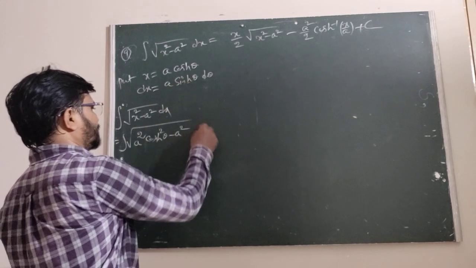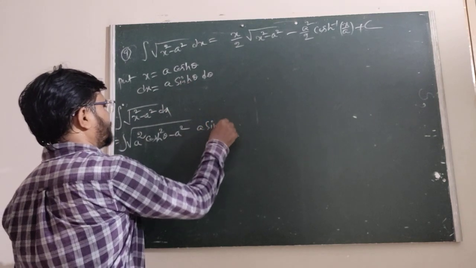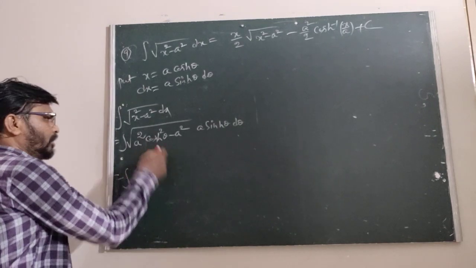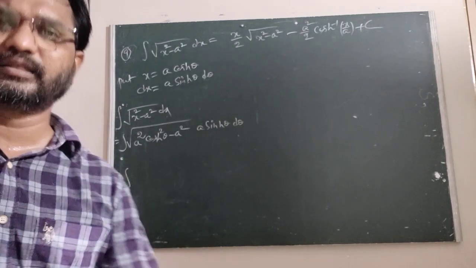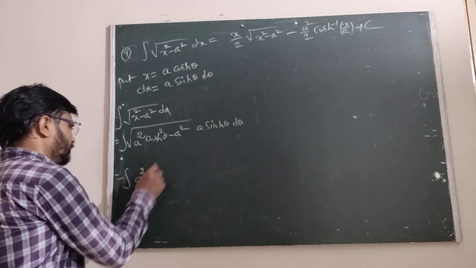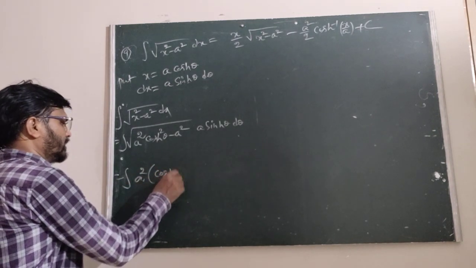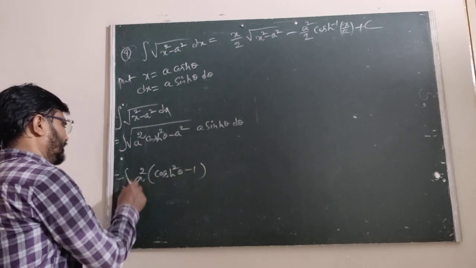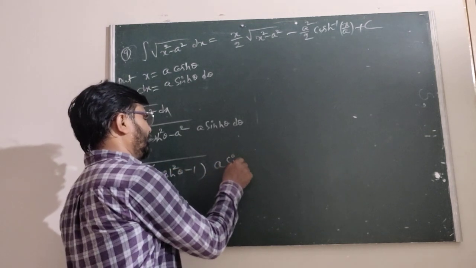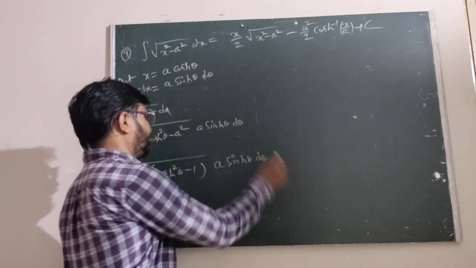What is dx? It is a sin h theta d theta. Under the root, what is common? A square is common. Therefore this is cos h square theta minus 1 under root, and the remaining is a sin h theta d theta.